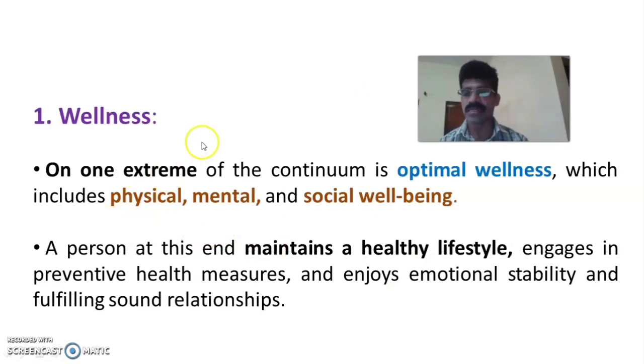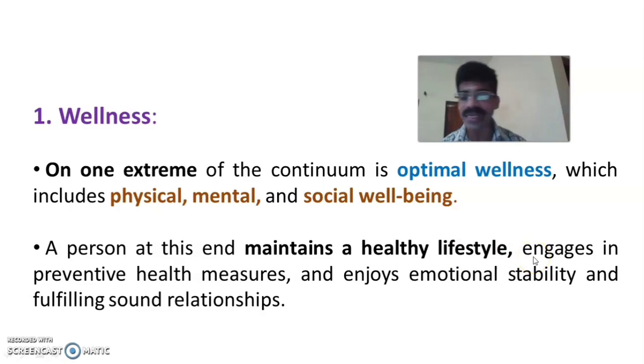First one is wellness. One extreme of the health illness continuum is optimum wellness. We already studied that optimum wellness or optimum health includes physical, mental and social well-being. With all these three dimensions, you may have optimum health. That means a person at this end, the optimum wellness end, maintains a healthy lifestyle or healthy practices.